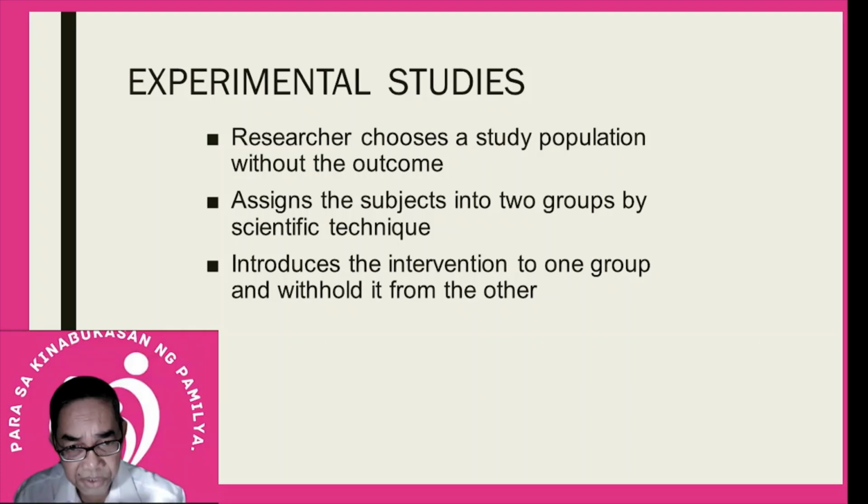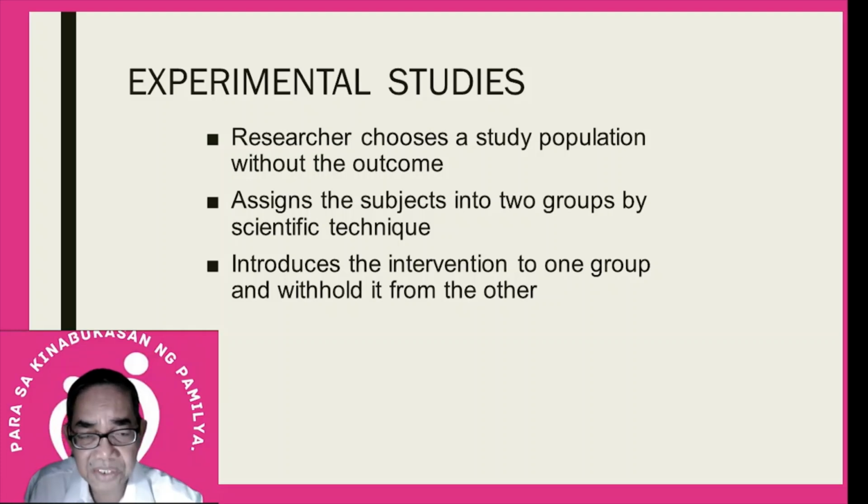Because that's the only difference between the two groups, should there be a difference in the outcome, we attribute the difference to the intervention, not to a difference in the characteristics between the two groups, because as we said, the characteristics of the two groups are equal.